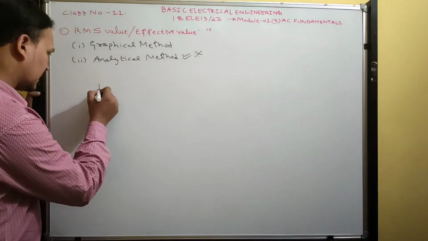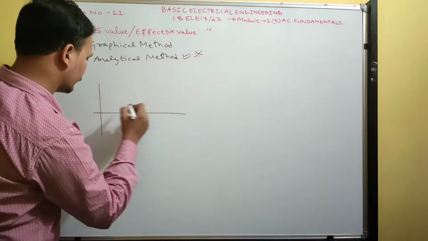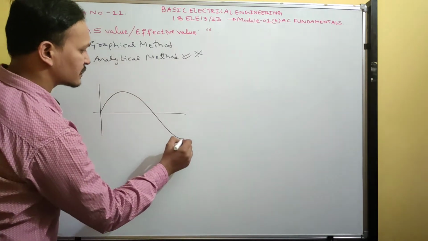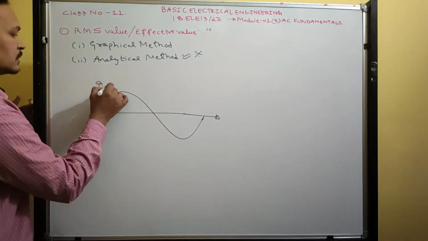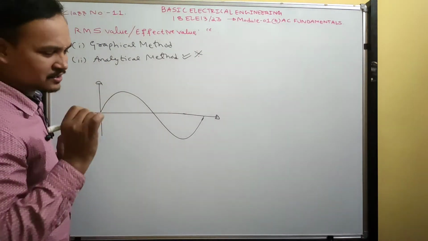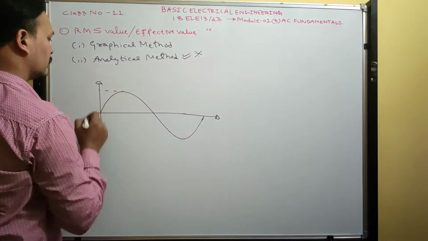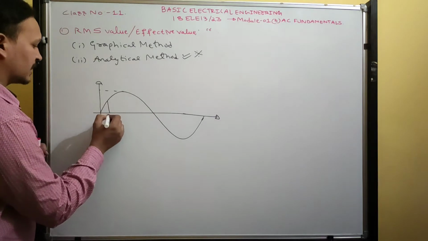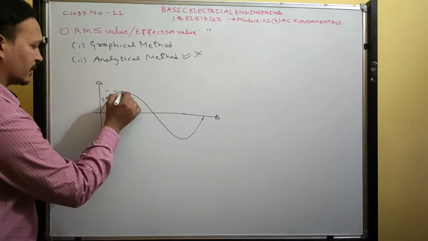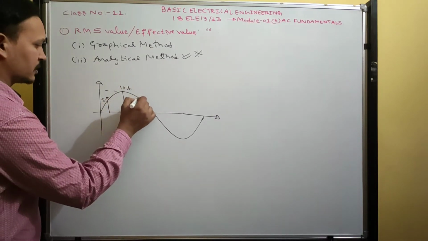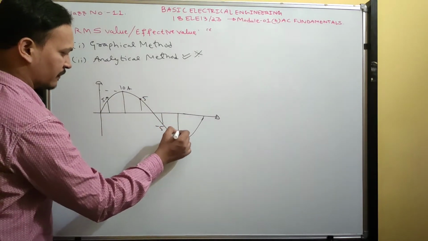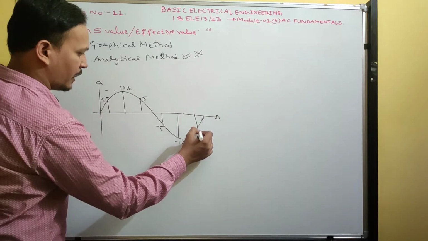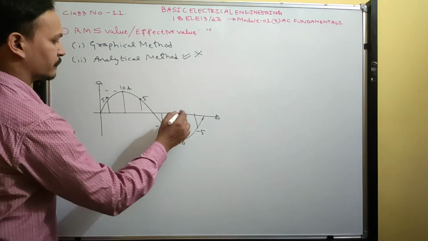Take a sinusoidal waveform, the standard signal. All over the world we are using this one; I will tell you the reason in the last lecture of module 1. Let's say at this instant it has 5 ampere, at this instant 10 amps, at this instant 5, and then minus 5, minus 10 and minus 5.